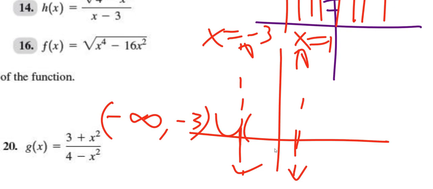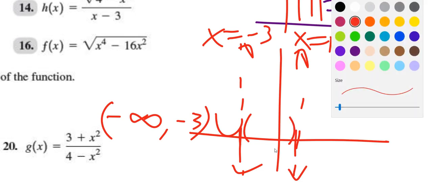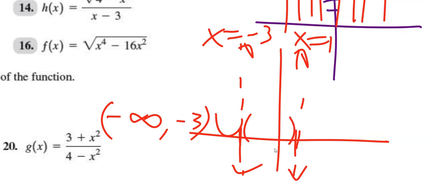Then what? Then you'll have from -3 to +1. Then what? 1 to infinity. You'll have those pieces.